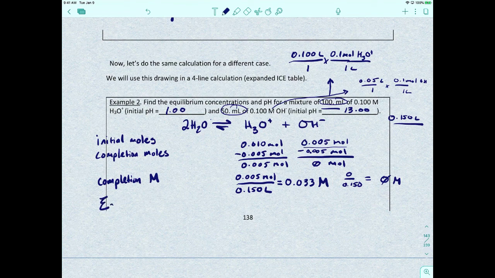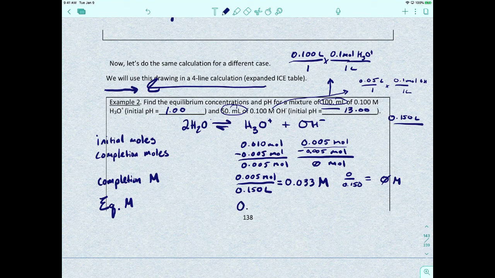Now we need to get the equilibrium molarities. Since this was the completion, where we went all the way to reactant, now to get the molarity we start from the left and go into the equilibrium.